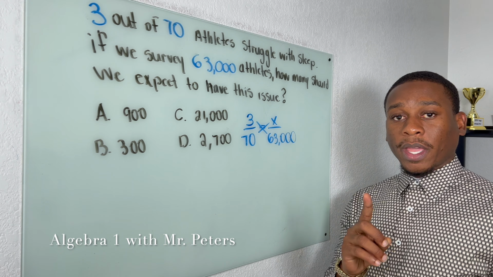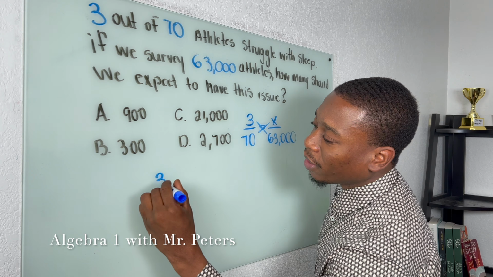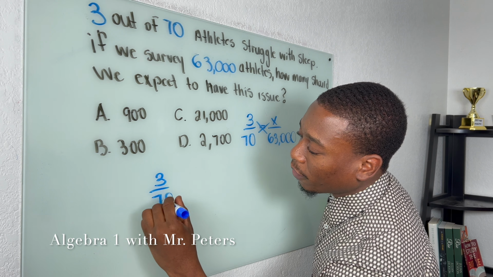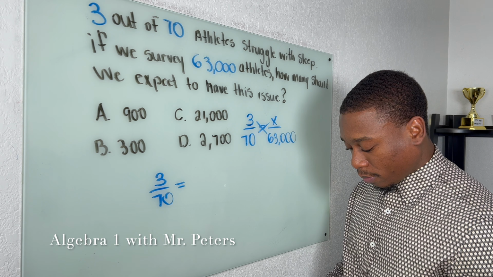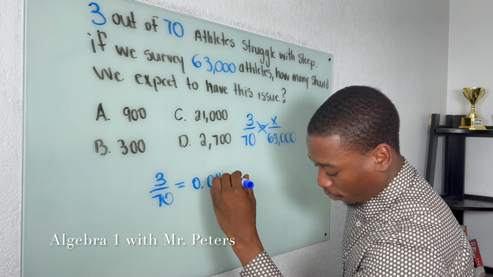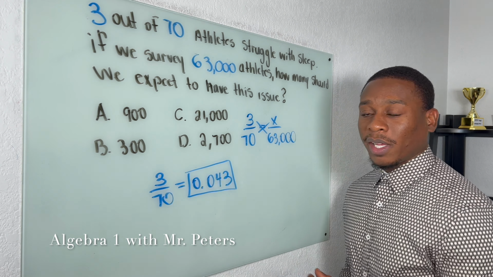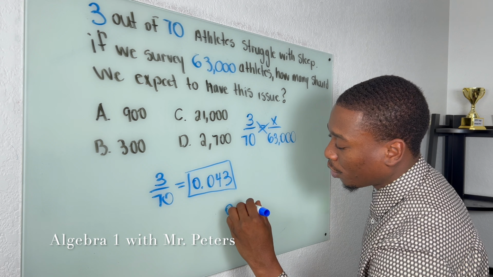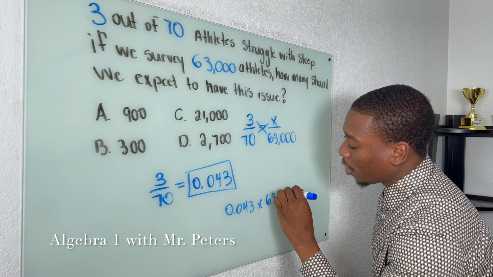And another way that we could also do this is, let's say we just divided 3 by 70 and we got a decimal of, let's see, 0.043. Now we could take this same decimal, guys, and we could multiply it by 63,000, right?